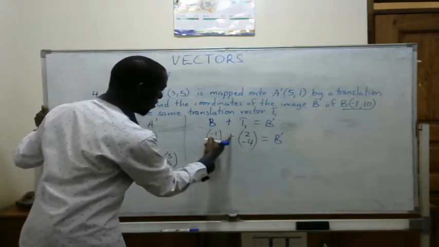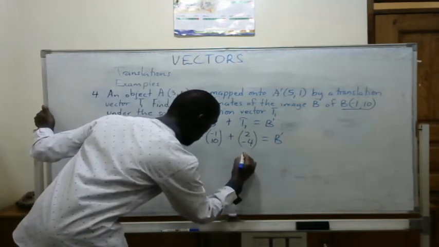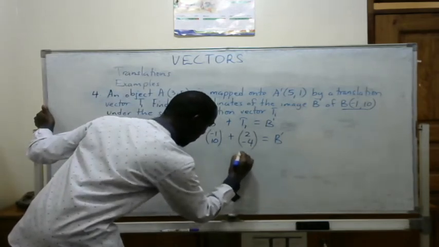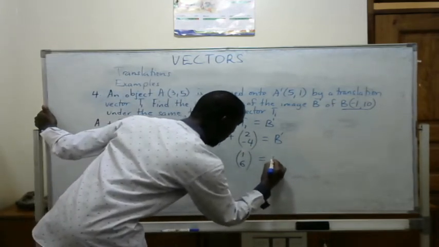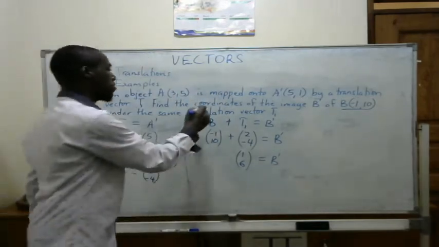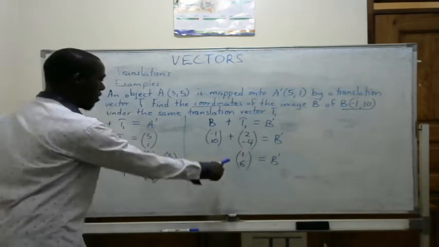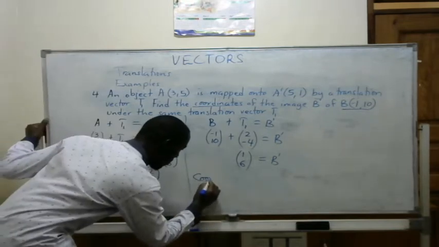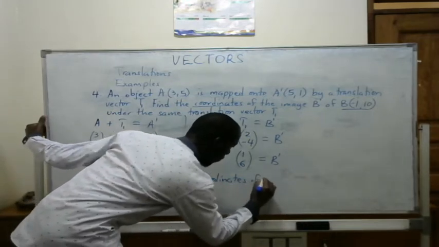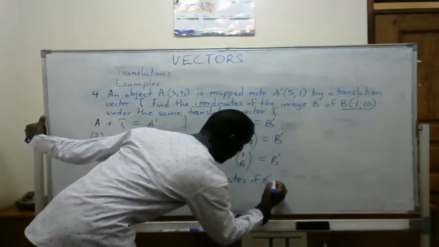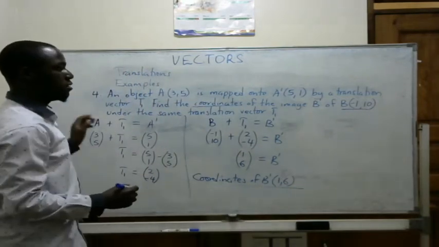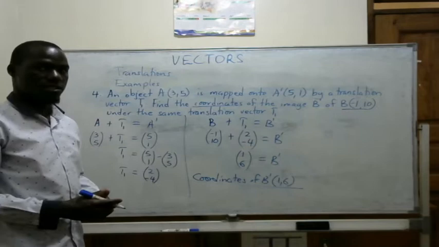So when I add, that is going to be positive 1. When I add, that's going to be positive 6 to get my B prime. This one here is a vector, but the question asked for coordinates. So now I write them as coordinates. Coordinates of B prime are 1, 6. So as simple as that.